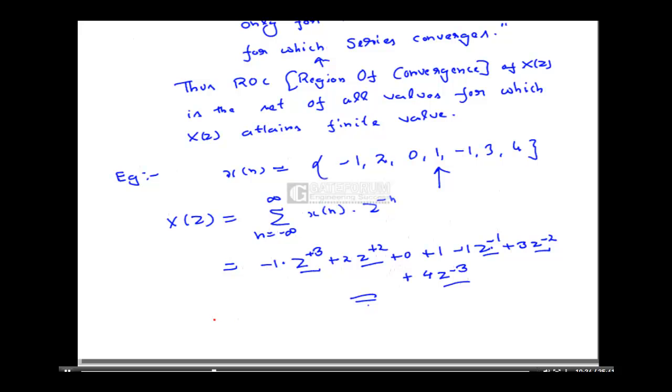So the ROC in this case will be the entire z plane except zero and infinity. Okay, we'll take a few more examples.